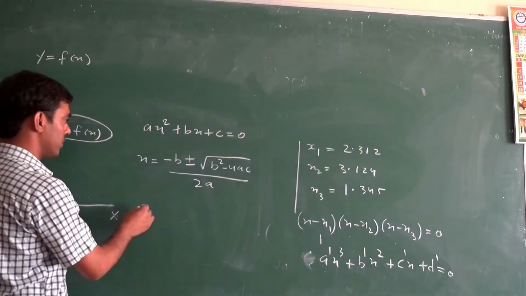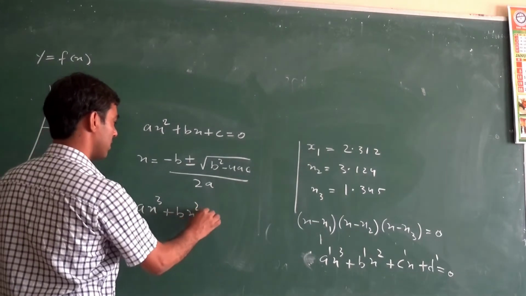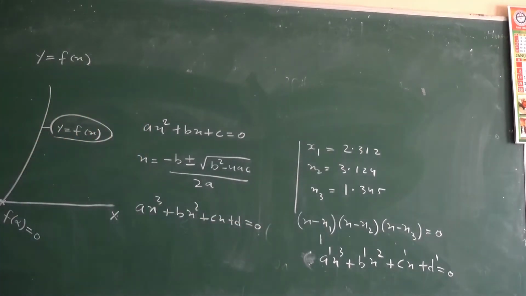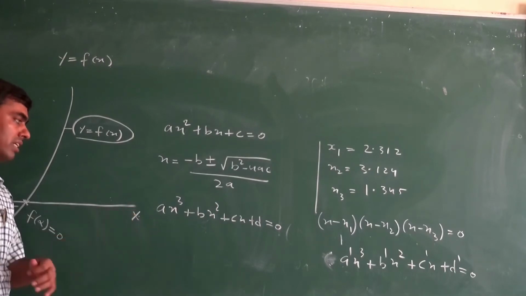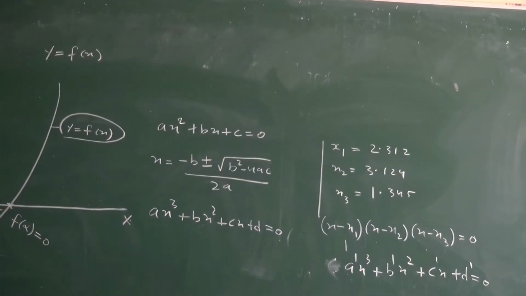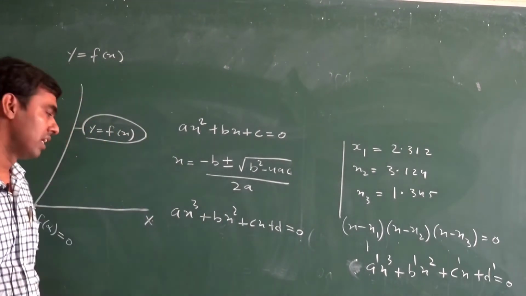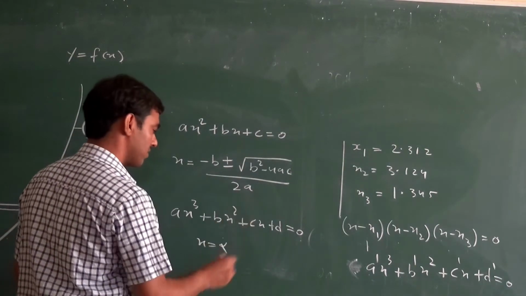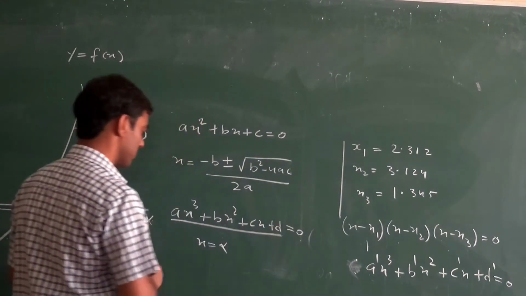Suppose this is a cubic equation, meaning ax cube plus bx square plus cx plus d equal to 0. Then traditionally what we do is, first we put x equal to alpha 1, x equal to alpha 2, and try to find the one value where this equation becomes 0. Suppose this is x equal to alpha, for which we find this equation equal to 0.